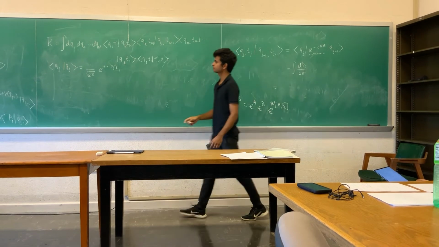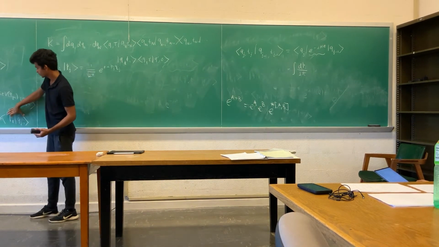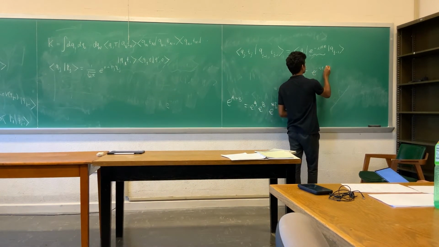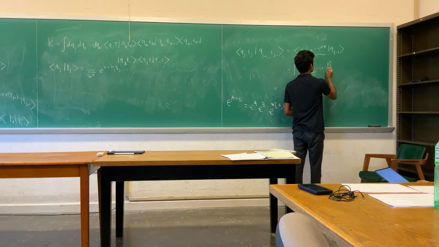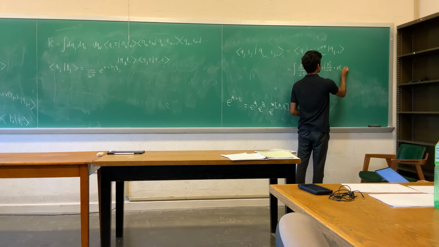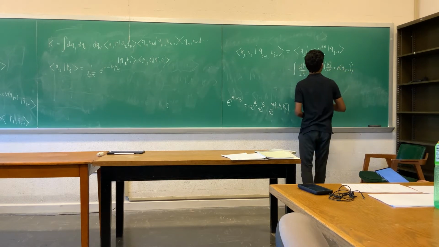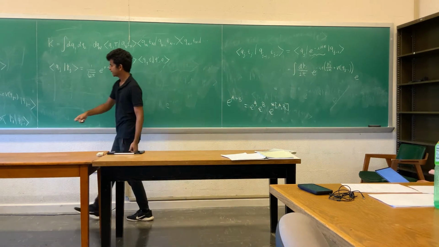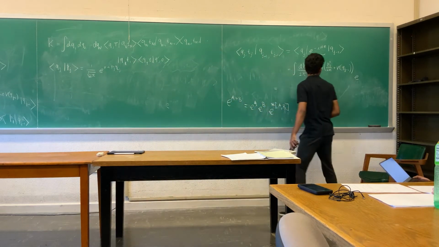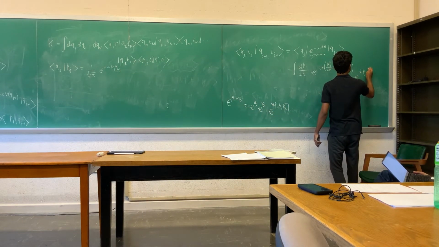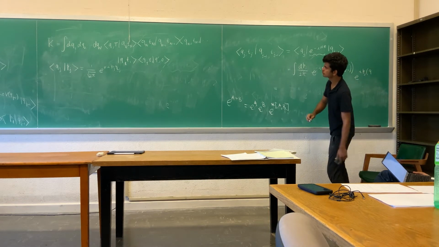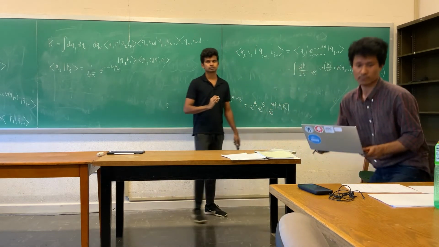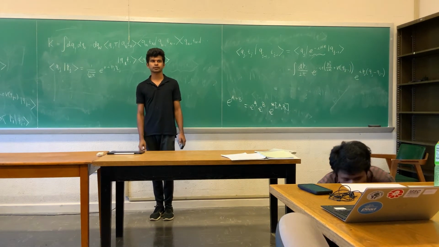This 2 pi comes from one square root of 2 pi from this and one square root of 2 pi from that. It's okay, right?